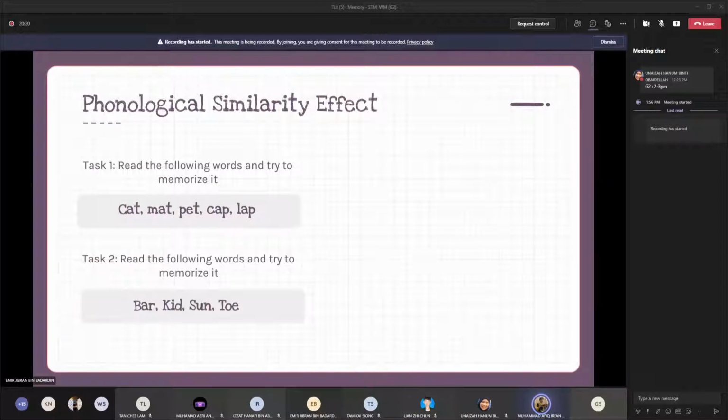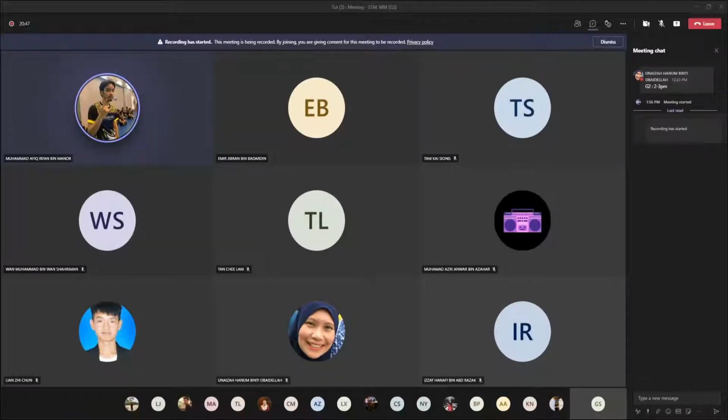So the second task is the specific words which don't have any common pronunciation, which are bar, kid, son, and toe. So this will affect the phonological loop whenever it enters the phonological store, which is short-term memory. Because of the similarity effect, it will make our brain confused, so it will be kind of hard to remember the words.